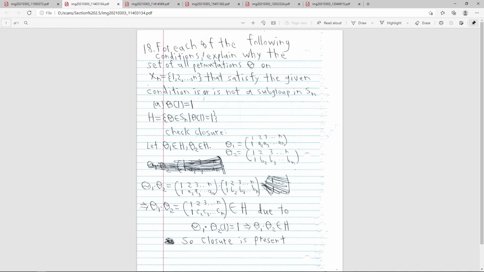18. For each of the following conditions, we have 2 we're going to look at. Explain why the set of all permutations theta on X_n = {1, 2, ..., n} that satisfy the given conditions is or is not a subgroup in Sn.